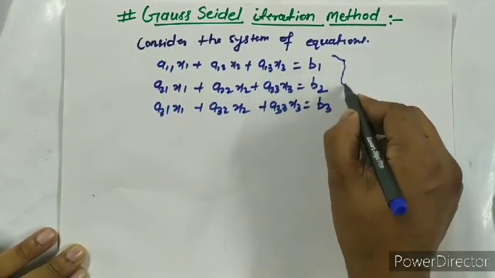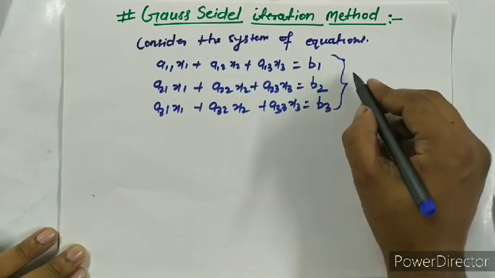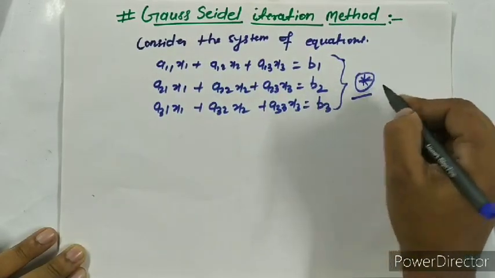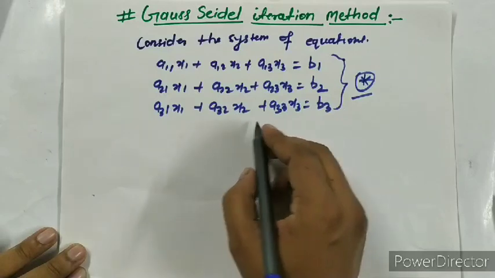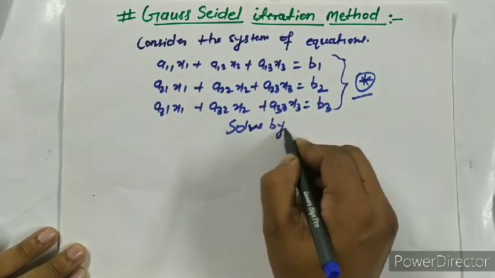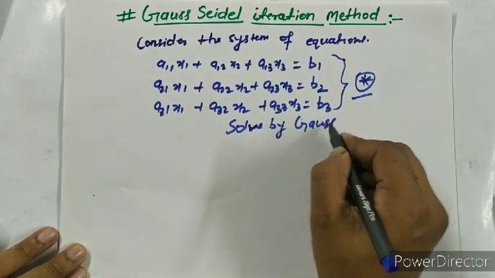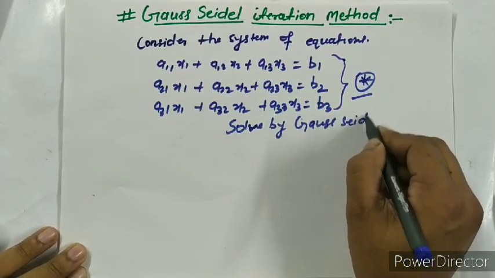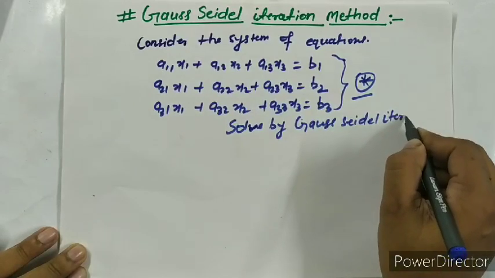This is the system we have. Suppose this is the star, solved by the Gauss-Seidel iteration method.